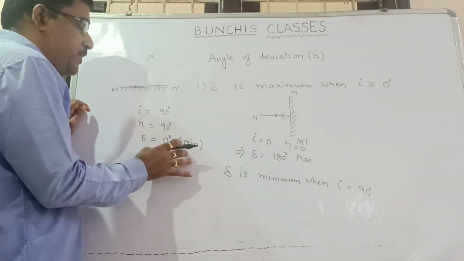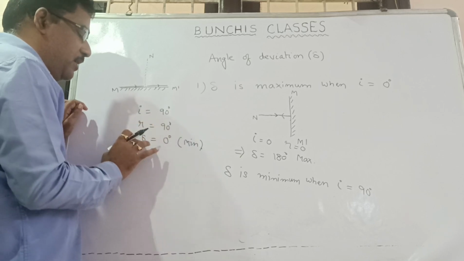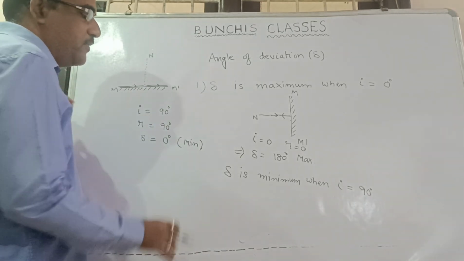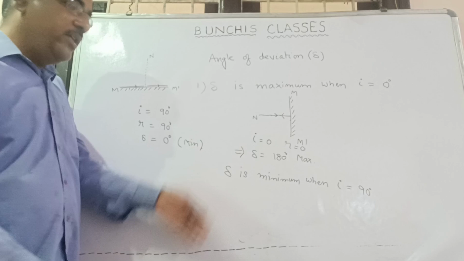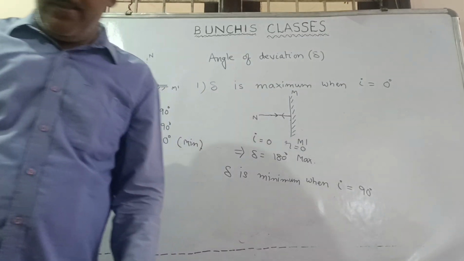Delta is minimum when incident angle is 90 degrees, then delta is equal to 0 degrees, which is minimum. You note these 2 points. Pause the video and note the 2 points.